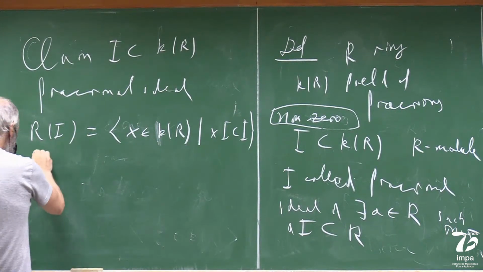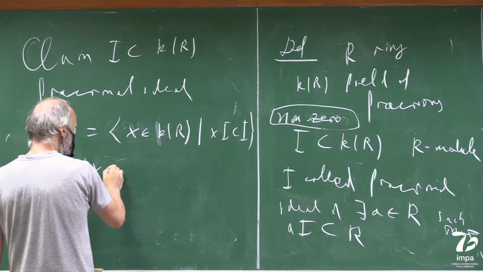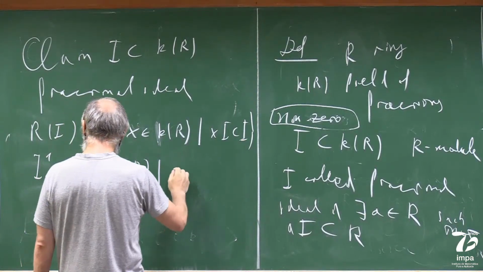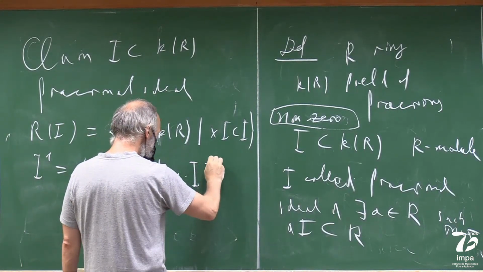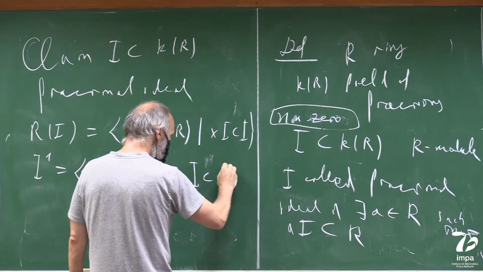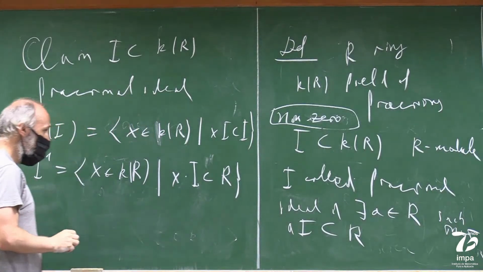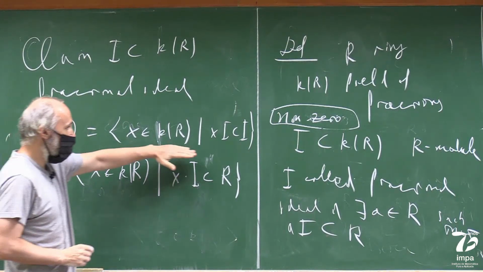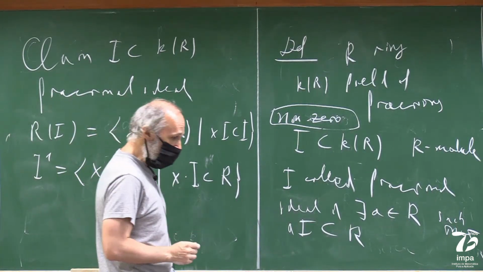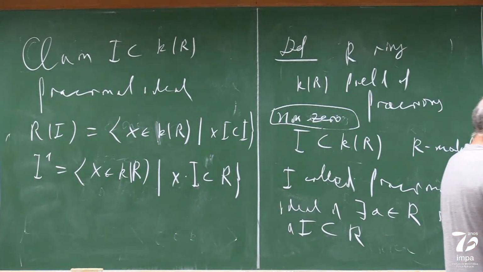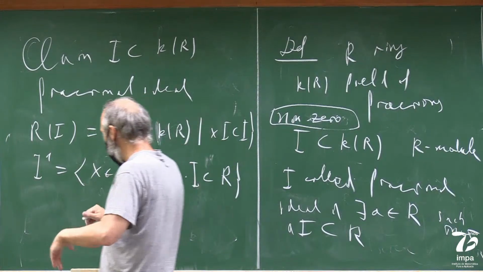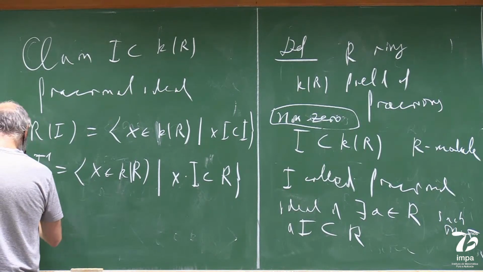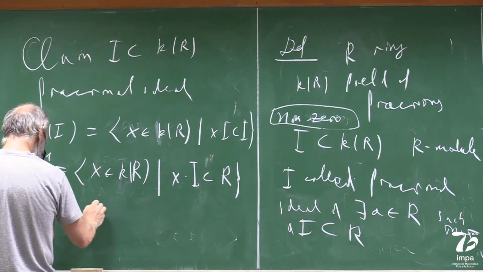And then you define I minus 1. It's the set of all x in K of R such that x times I belongs to R. So these are clearly R-submodules in this field. I'm going to show that this is also a fractional ideal. For that, I would now give a construction which encompasses both of these two constructions. So you have I1 and I2 fractional ideals.